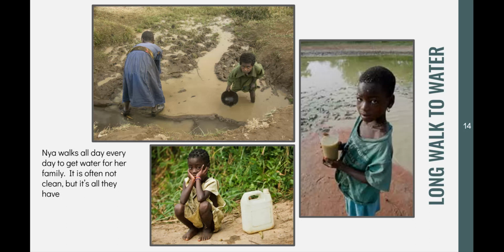So she does that every single day. It's her entire life. And the water that she goes to get isn't even clean water. So you can imagine the water that we get from like drinking fountains. If I wanted to go get water right now, I could be there in 30 seconds. So for Naya, it's her entire day.